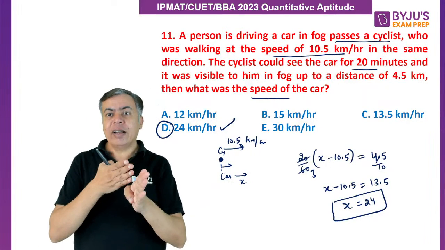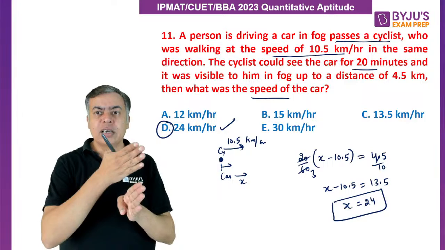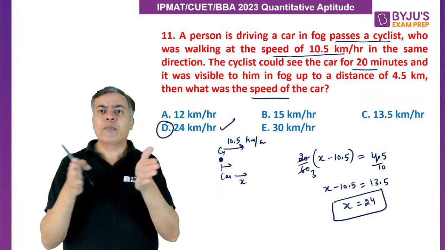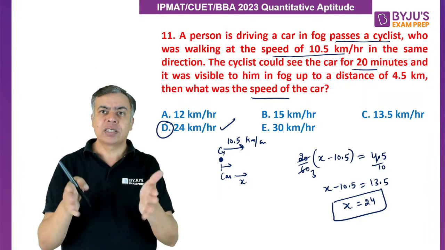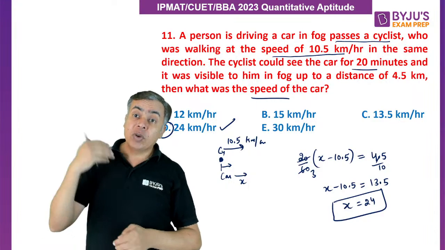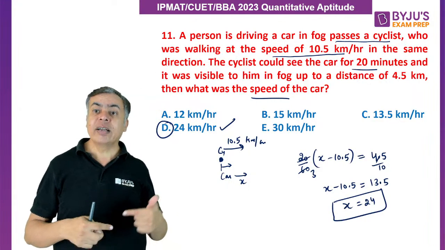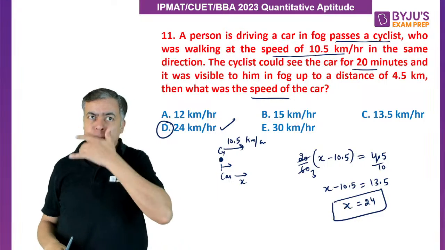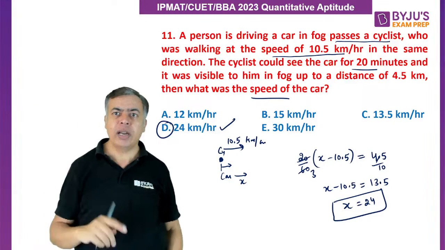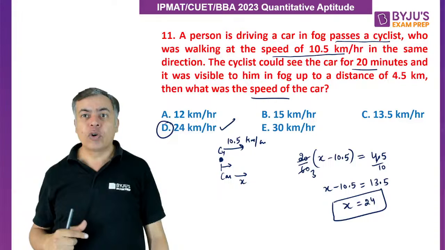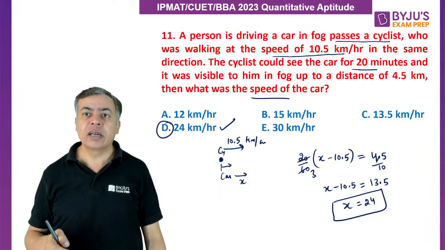But if the car is running at x speed and the cyclist at 10.5, the gap per hour will be x minus 10.5. In 20 minutes that created a gap of 4.5 kilometers, up to which the cyclist can see the car.